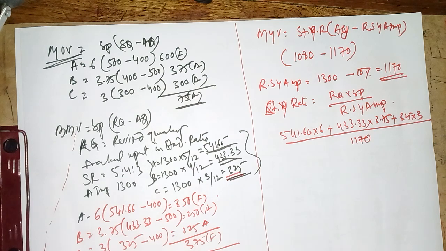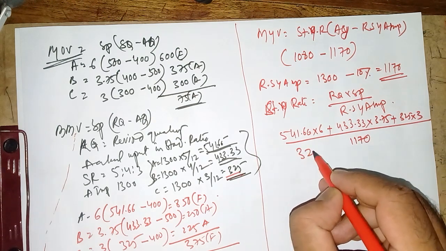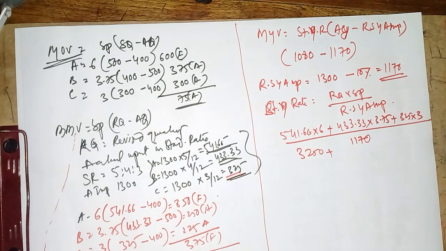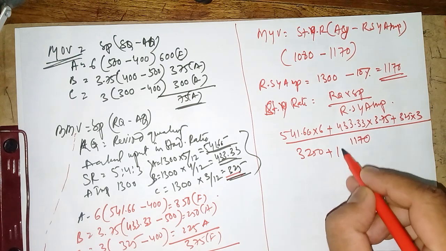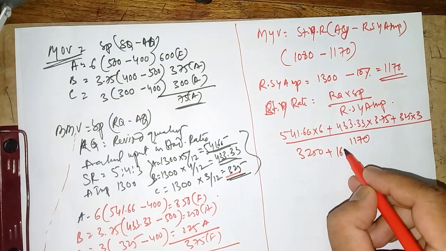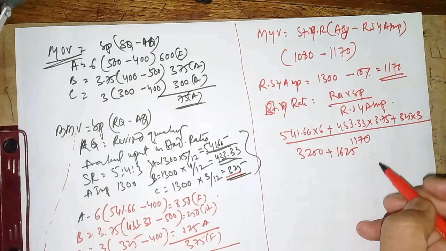Now multiply this. So 541.66 bar into 6 is equals to 3250 plus 433.33 bar into 3.75 is equals to 1625, right?